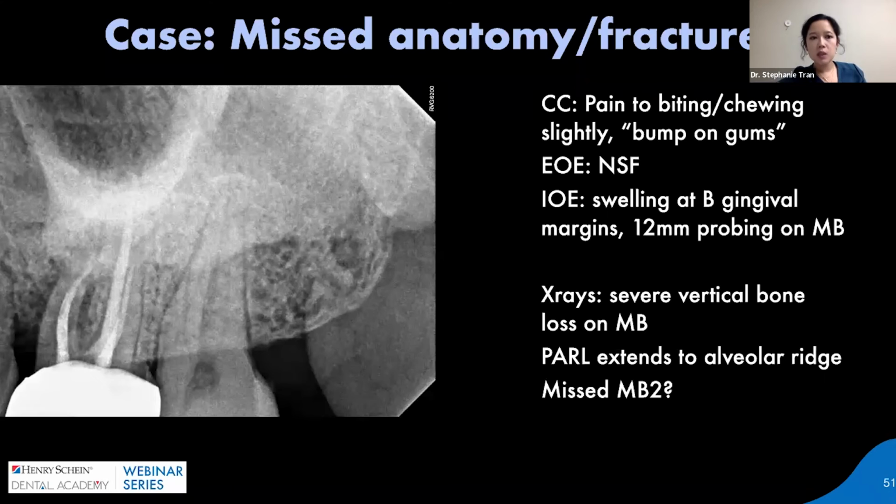Unfortunately, this is one of those situations where the anatomy of the zygoma and the sinuses get in the way of that apex. So it's not really clear if there's a frank periapical radiolucency or if it's just some vertical bone loss down the side. We're not sure if it's just perio, is it perio-endo, endo-perio, that kind of thing, or a fracture.